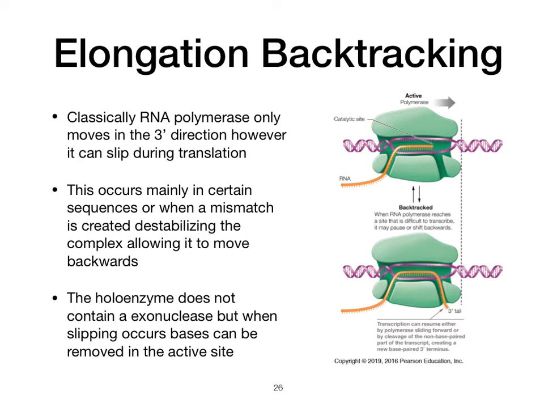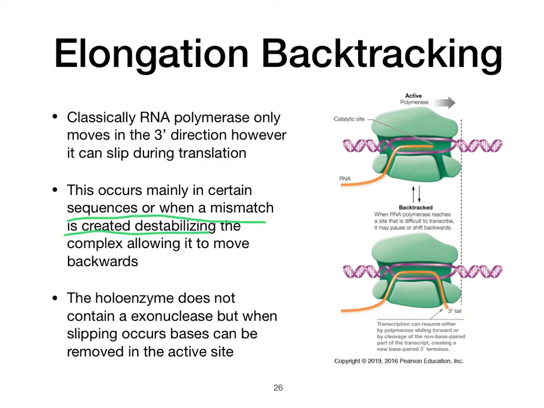In this case, we see some slippage where it will backtrack and slightly unwind and then move forward. So we mostly see this when we have a mismatch destabilizing the complex, allowing it to move backwards. You can think about this, since it can't create the hydrogen bonds that we know stabilize DNA and RNA, it basically unwinds because it can't really be solid enough to move forward.